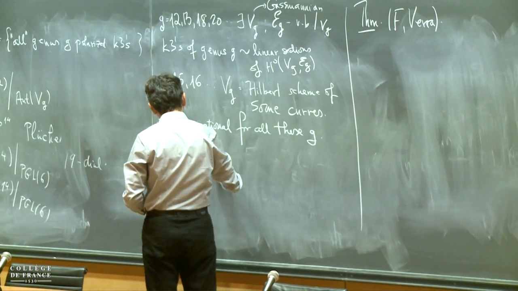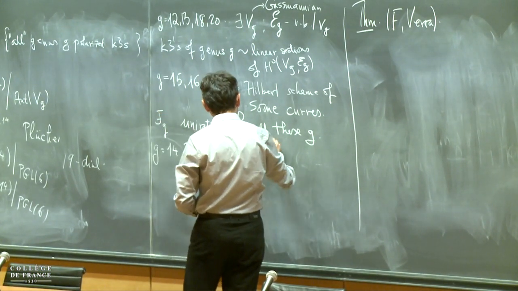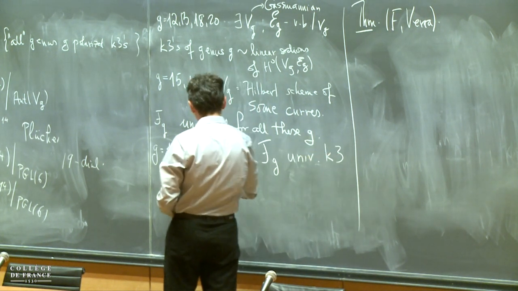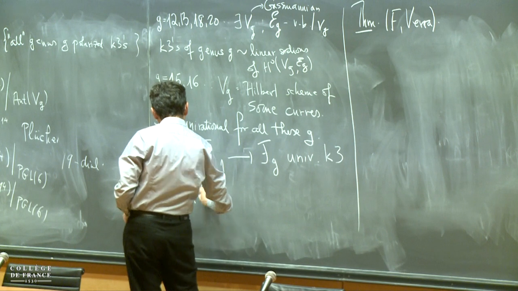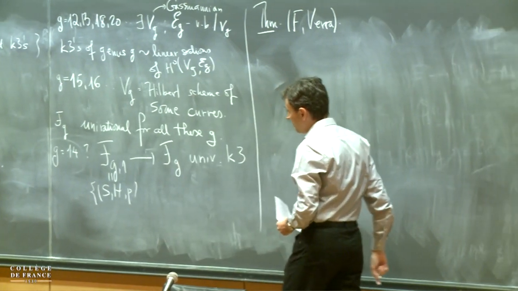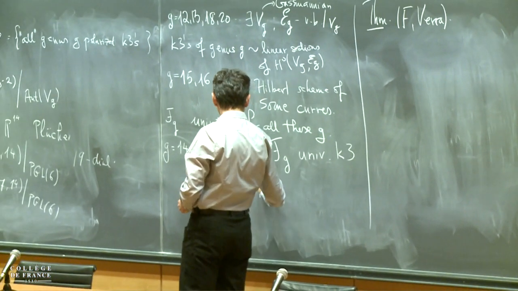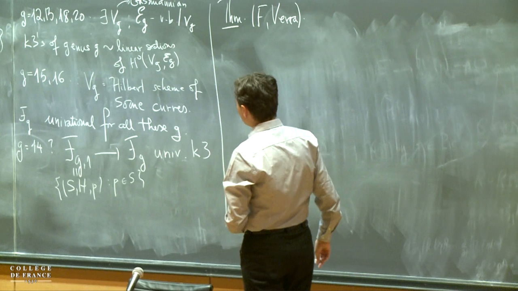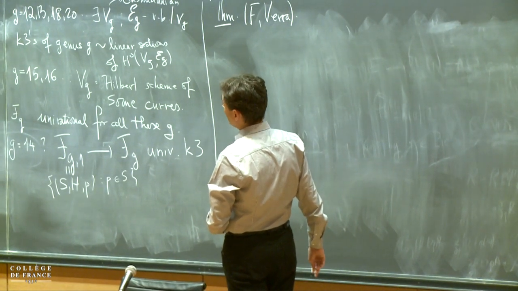So this is F_g^1 over F_g. So this is the universal K3 surface of genus G. So here points are triples (S, H, p). So (S, H) is a polarized K3 surface and p is a point on S. So this is a 21-dimensional moduli space. The universal K3 surface of genus 14 is rational.